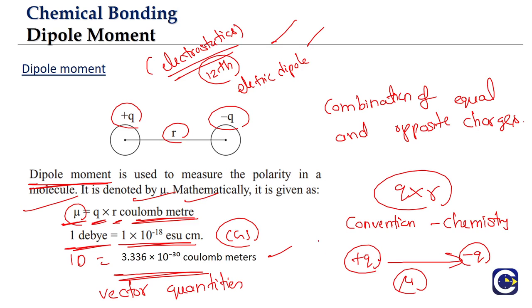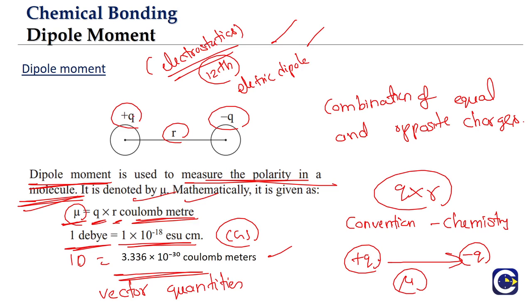And the value will be the charge times the distance between the charges. So what is the significance of the dipole moment from the chemistry point of view? Dipole moment is a measure of polarity in a given bond. It represents the polarity in a given bond. So more dipole moment means what?